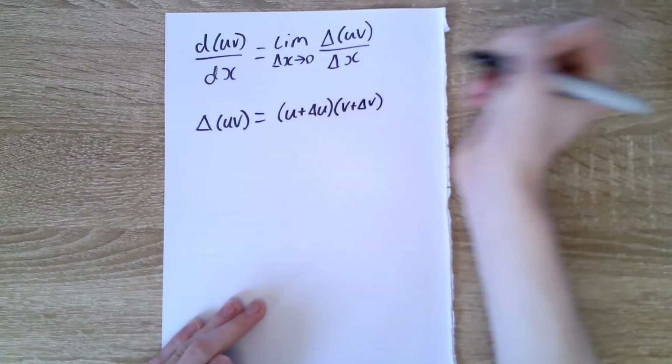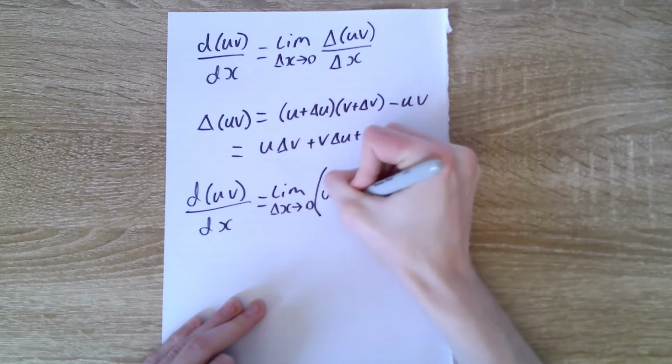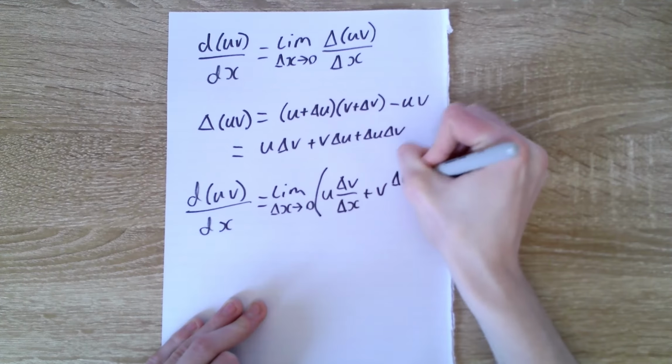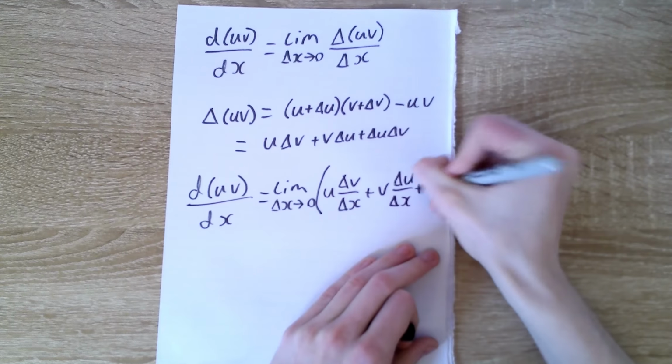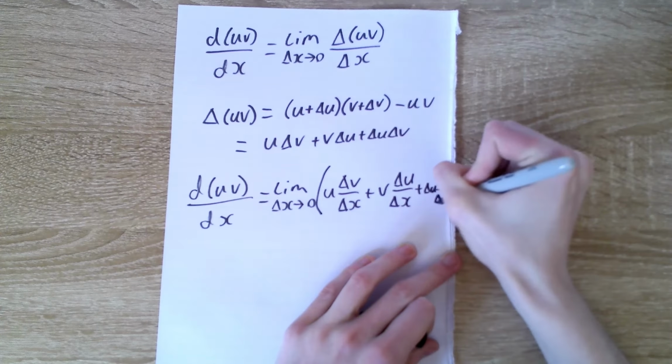So if we put that back in our formula up here, we get d(uv)/dx is equal to the limit as delta x tends to 0 of, let's put this all in brackets because it will be a sum, u multiplied by delta v over delta x plus v multiplied by delta u over delta x plus delta u multiplied by delta v over delta x.